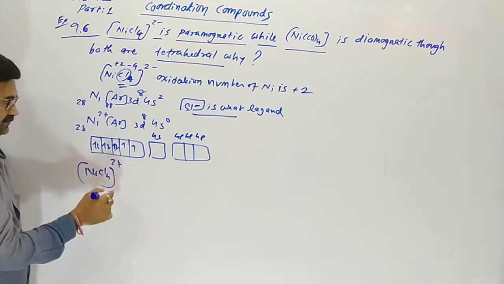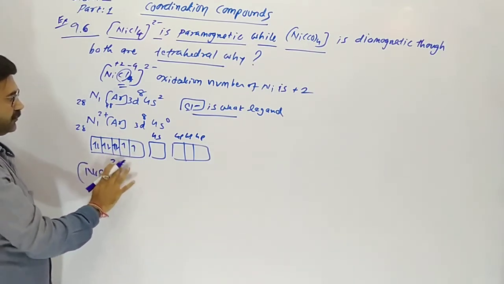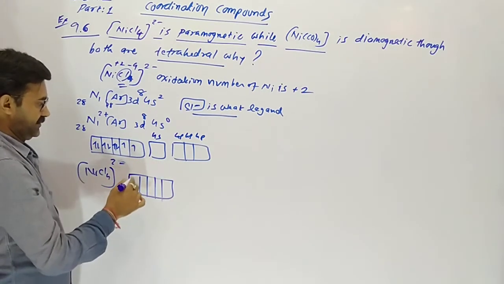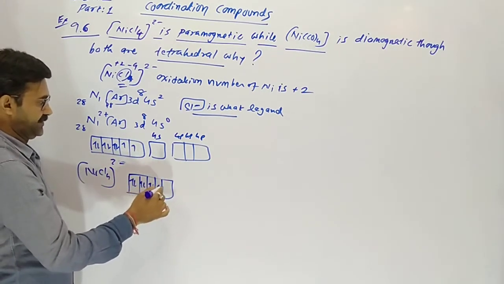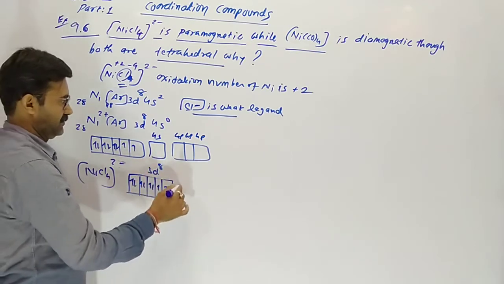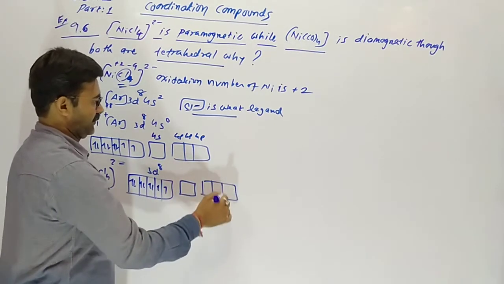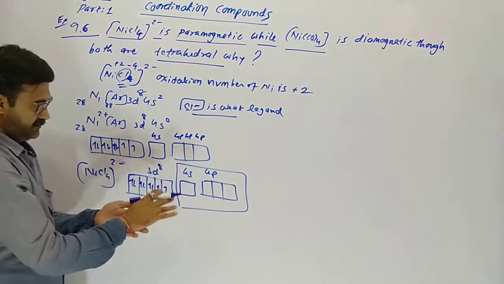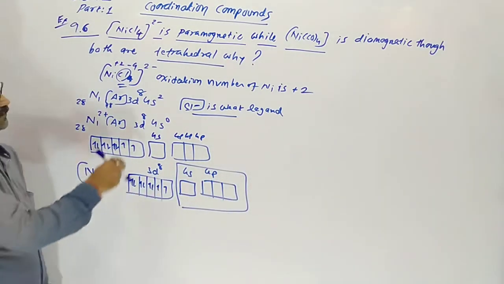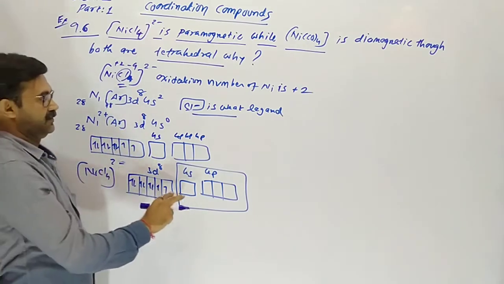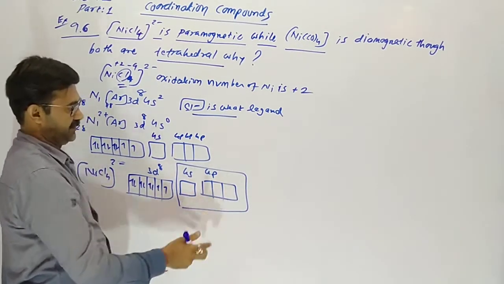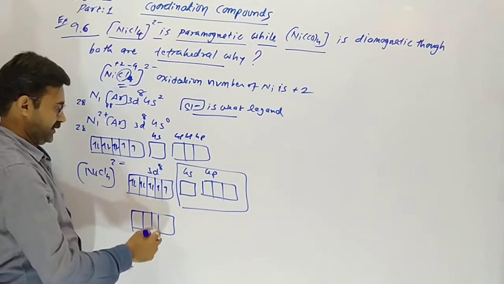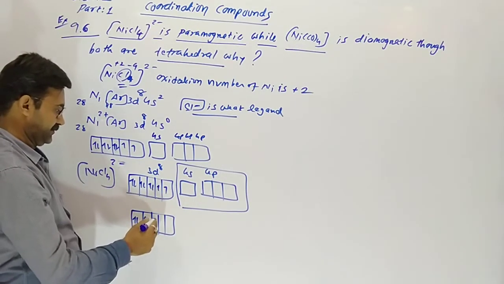So here what happens? d8 remains as it is. 1 of s and 3 of p hybridize. 4 hybrid orbitals occur. 4 ligands are combined, so 4 orbitals are needed. 1 4s, 3 4p. sp3 hybridization occurs there.